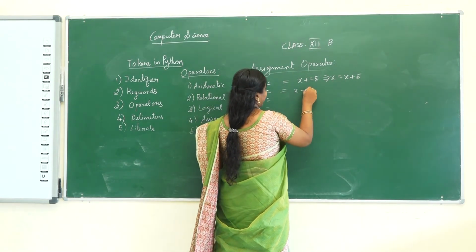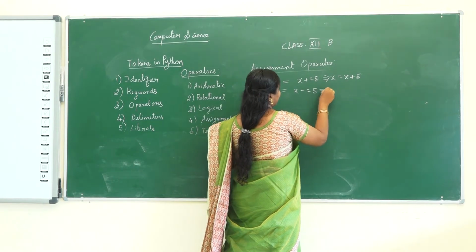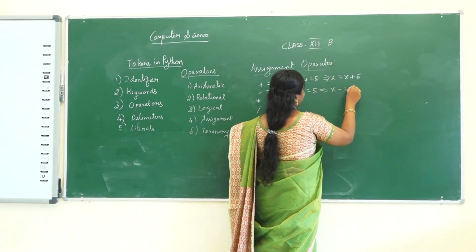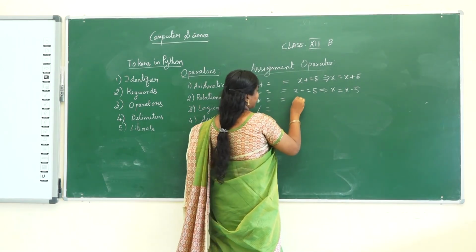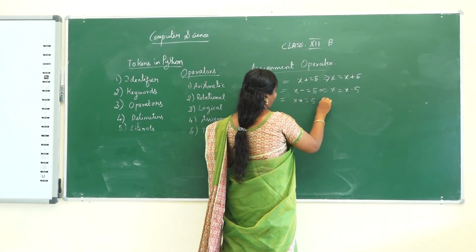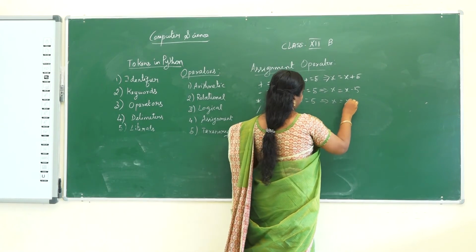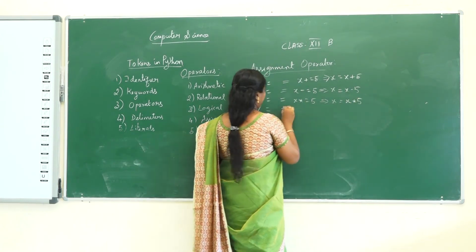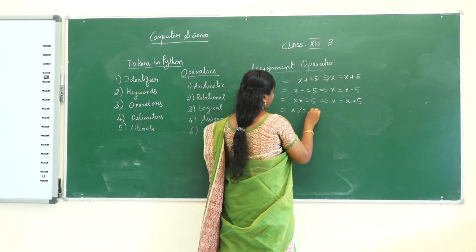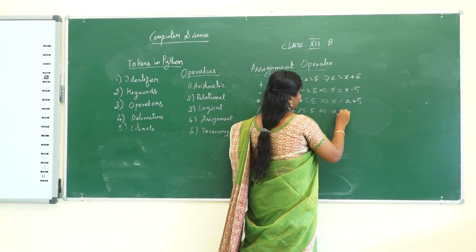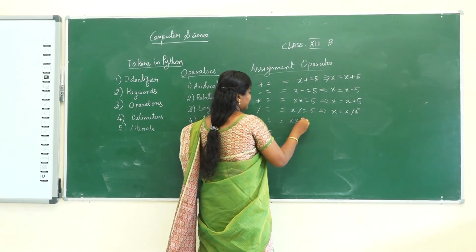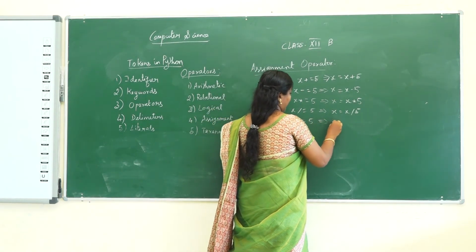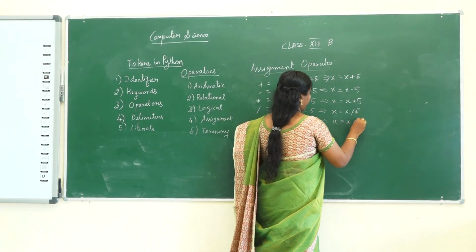Similarly, x minus equal to 5 means x is equal to x minus 5, and the same for all operators: x star equal to 5 means x is equal to x star 5, x slash equal to 5 means x is equal to x slash 5, and for the modulo symbol, x is equal to x modulo 5.